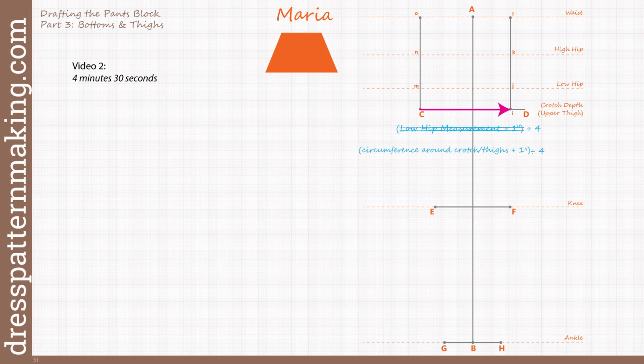So if you do actually have really big thighs, and or you have a drop bottom, or for whatever reason your largest measurement is around your crotch and thigh, then use that larger measurement. So I neglected to tell you that I had done that when I started drafting my front. And just a note here, C to I is the width of the foundation.